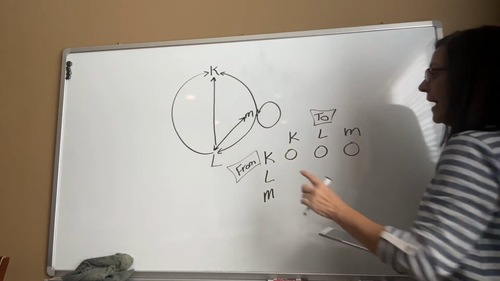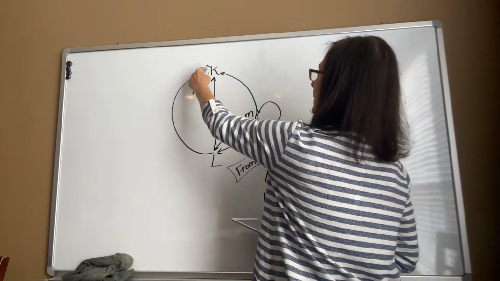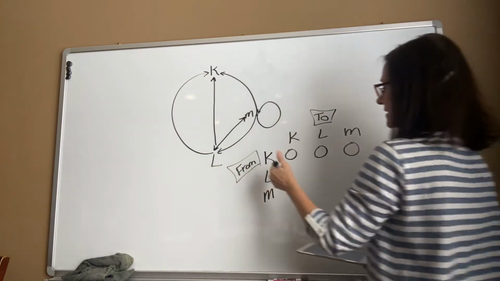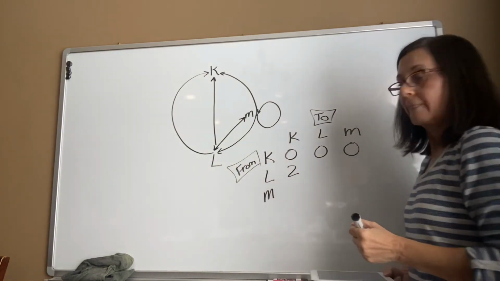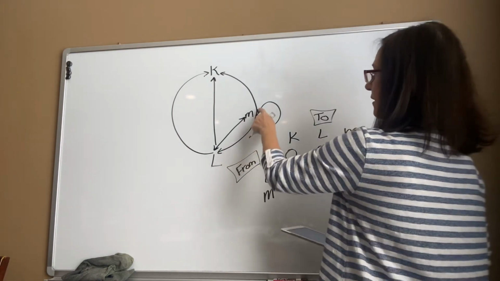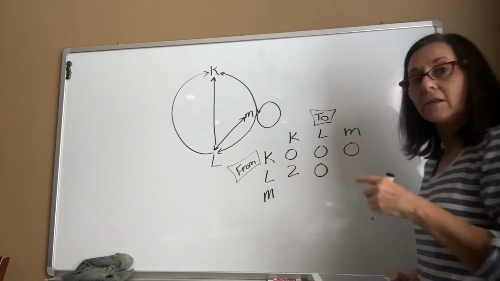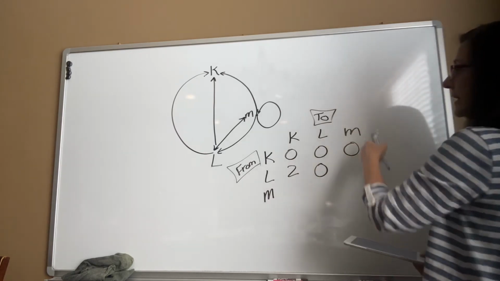All right, now look, L to K. Remember, we just said there are 2 paths. There are 2 paths to K from L. All right, and does L go to L? L doesn't go to L like M goes to M. So there are 0 paths from L to L. What about L to M?